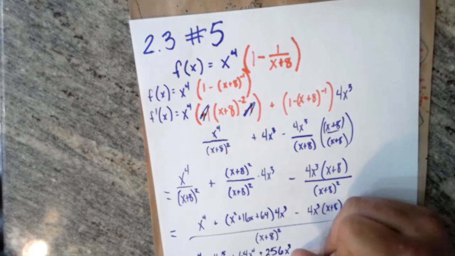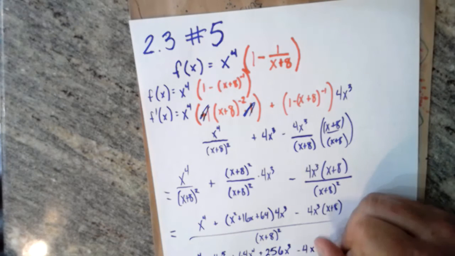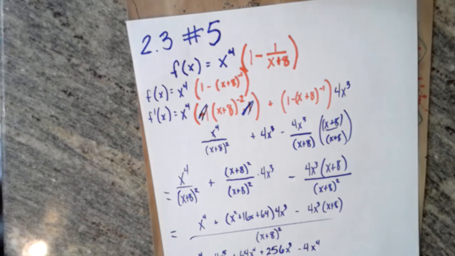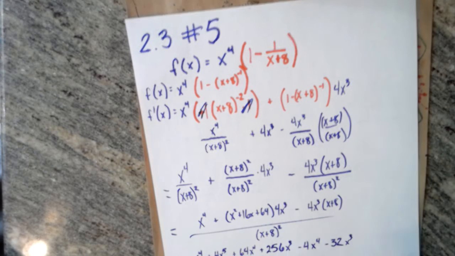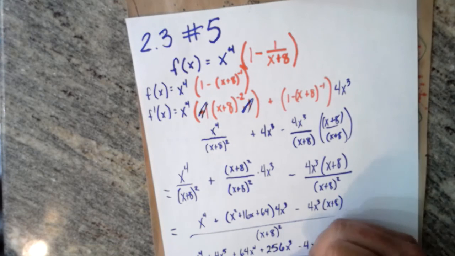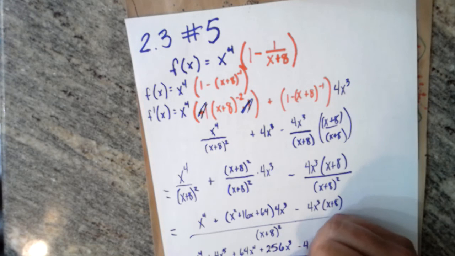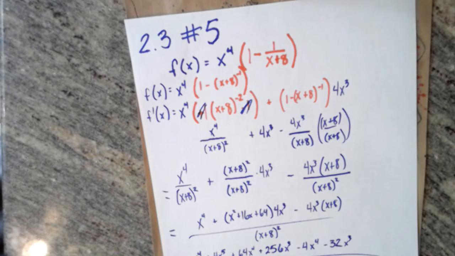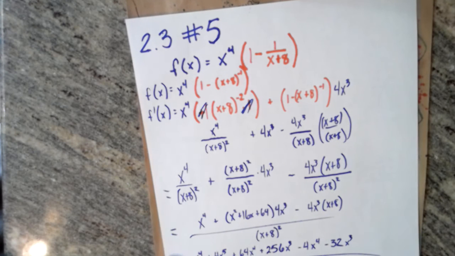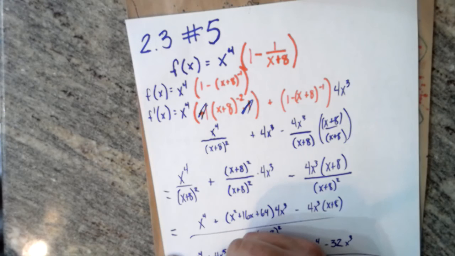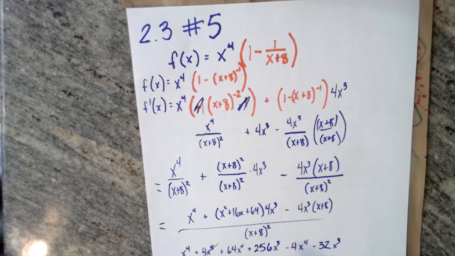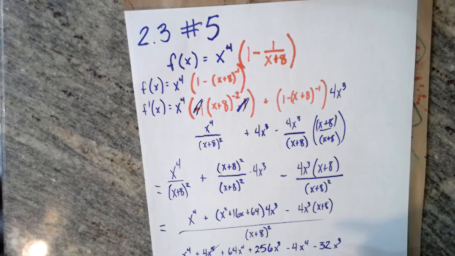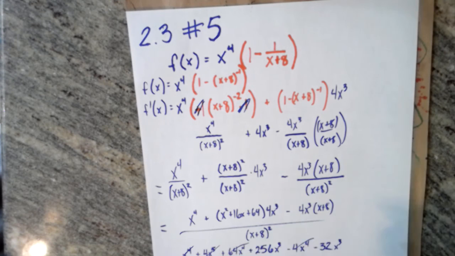Minus 4x to the 4th. 8 times 4 is 32, minus 32x cubed, all over (x plus 8) squared. And that leaves you with 4x to the 5th. X to the 4th plus 60x to the 4th, so that should be 61x to the 4th.